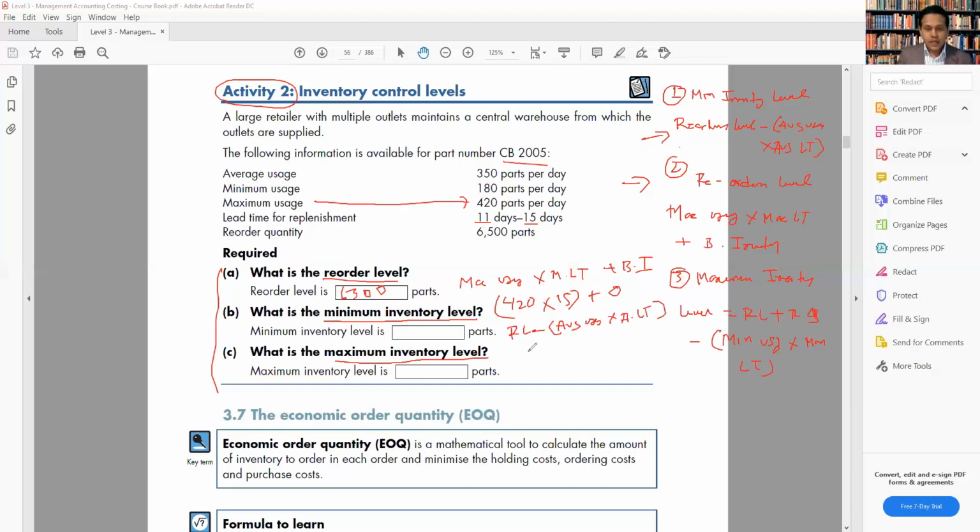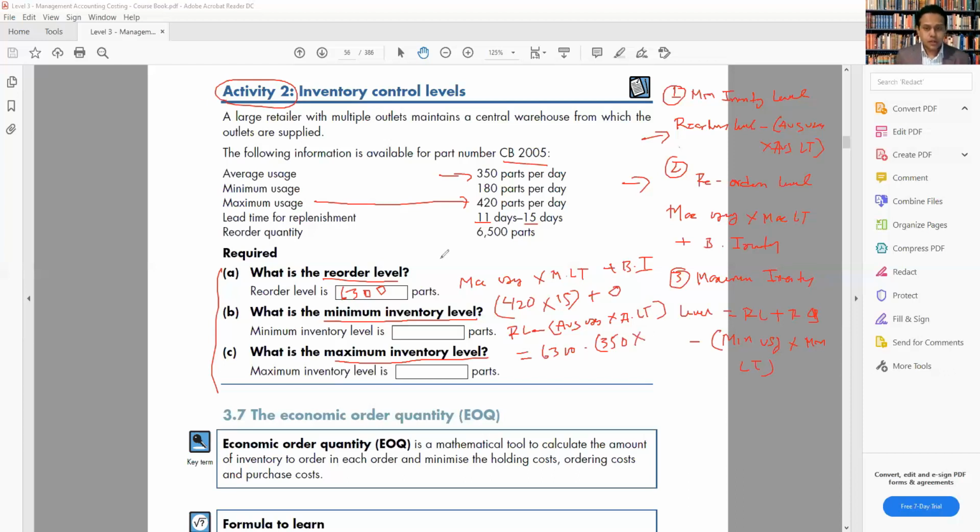So reorder level we have already calculated, that is 6,300, then minus average uses is 350, we can take from the question, and average lead time, we don't have average lead time.